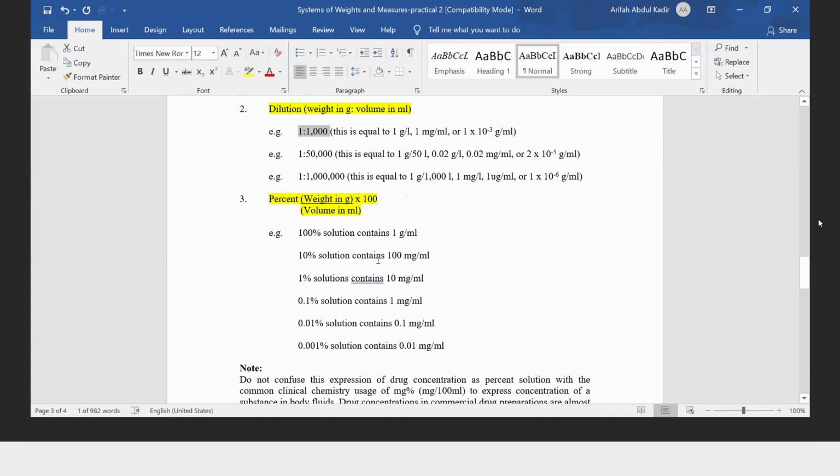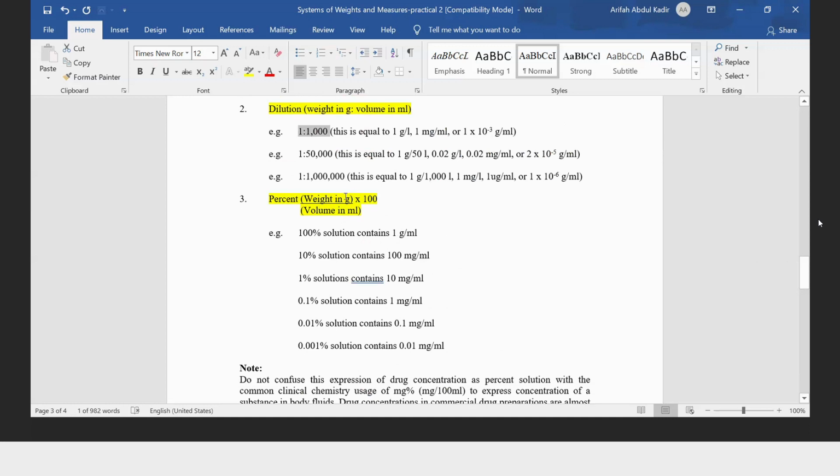So how do we get a 10% solution? 100 milligram, if I convert this to grams, I need to convert this to grams. 1 gram is 1000 milligram, but 100 milligrams need to be converted to grams.